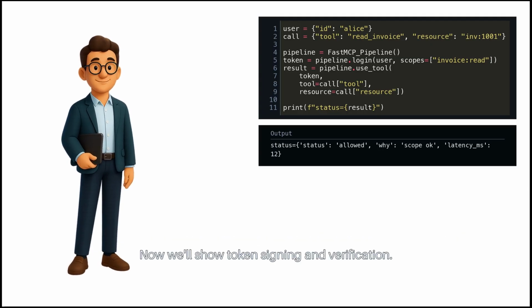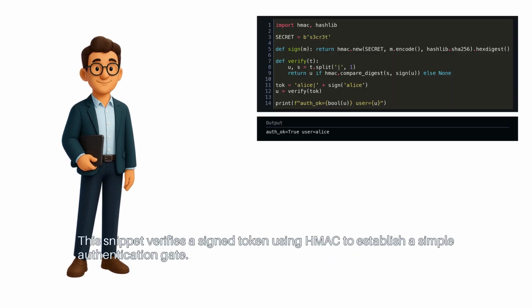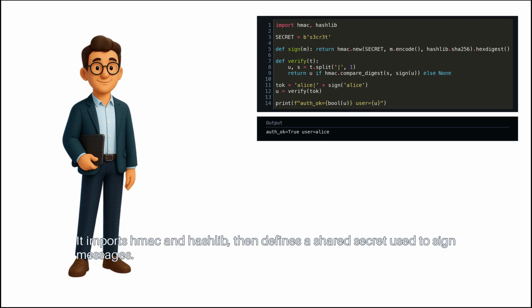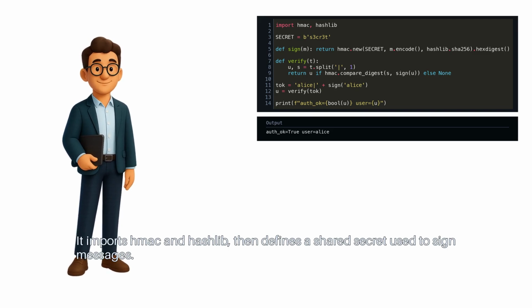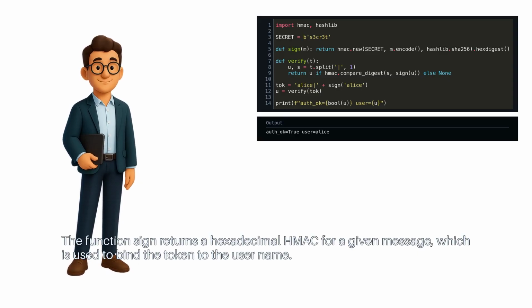Now we'll show token signing and verification. This snippet verifies a signed token using hmac to establish a simple authentication gate. It imports hmac and hashlib, then defines a shared secret used to sign messages. The function sign returns a hexadecimal hmac for a given message, which is used to bind the token to the username.